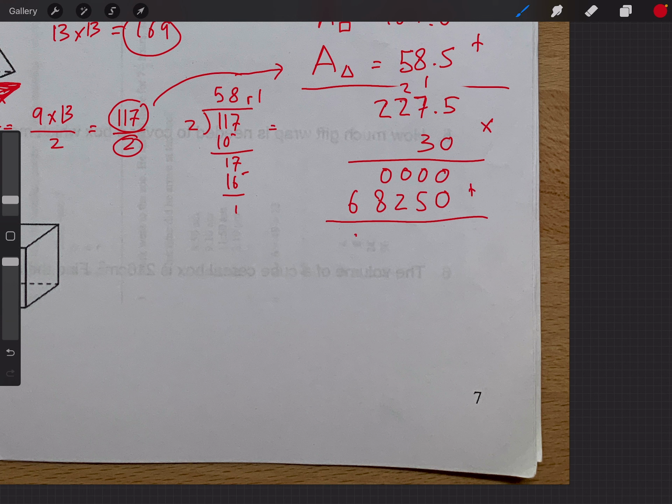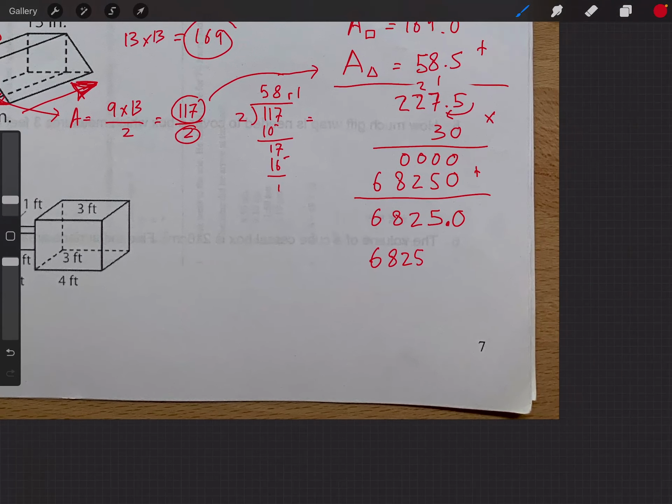Add that together, you get 68250. And because we have one decimal place here, we're going to have one decimal place here. So really the answer should be 6825 inches cubed. And that's the volume.